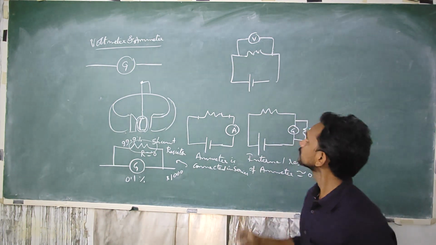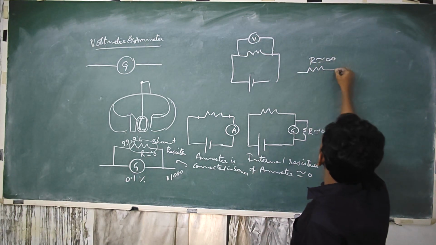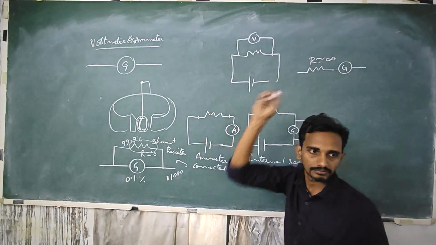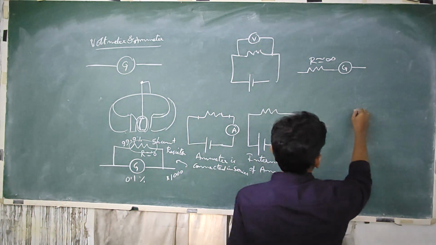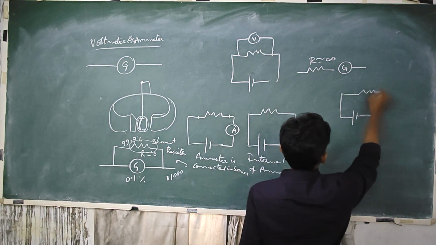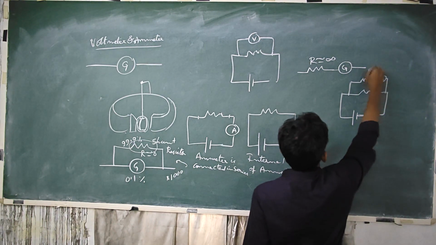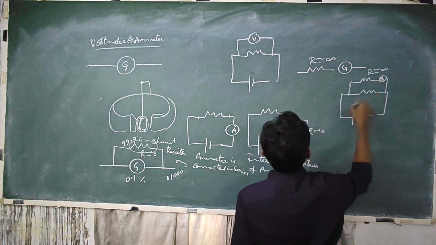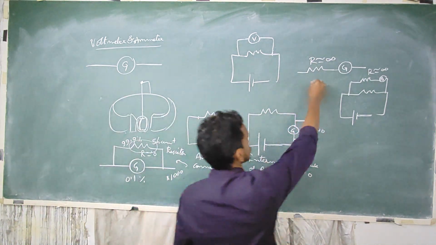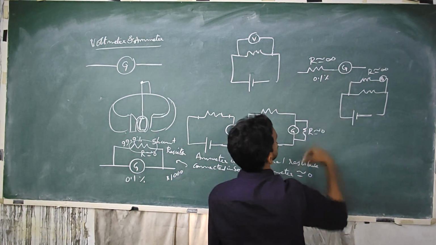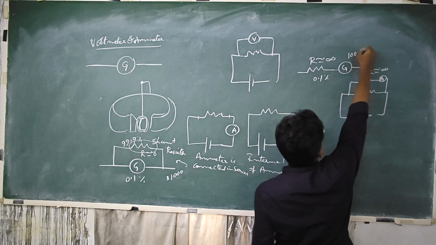And how to develop that? I use a very high resistance in series with a galvanometer, so that when I construct the circuit, only a fraction of the current will flow through it. And I'll multiply whatever result is obtained here with a multiple.